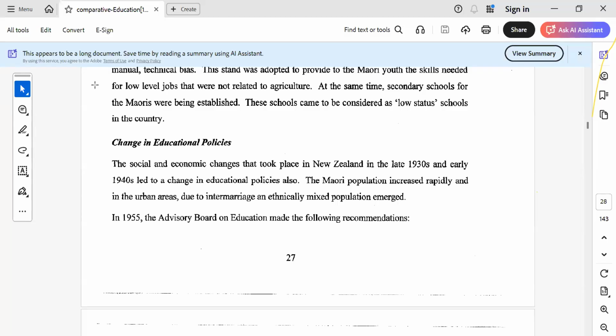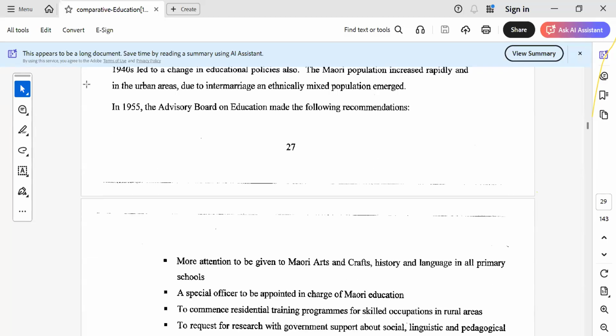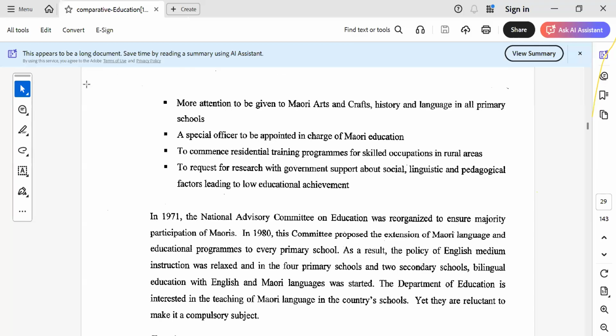In 1955, there were some recommendations. More attention to be given to Maori arts and crafts, history and language in all primary schools. A special officer to be appointed in charge of Maori education, to commence a residential training program for skilled occupations in rural areas, and to request research with government support about the social, linguistic, and pedagogical factors leading to low educational achievement.